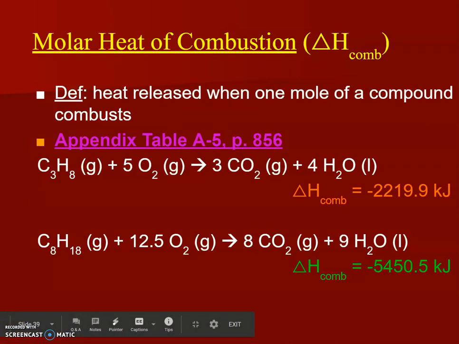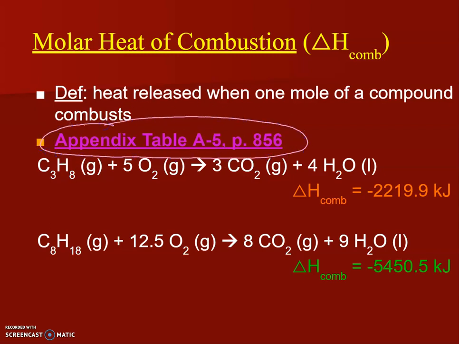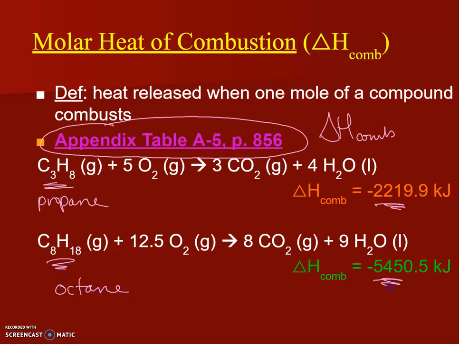You can also use these types of equations to figure out how much energy is released through the combustion process. There's also an appendix in your book for the heats of combustion, delta H comb. You'll see here for propane, the delta H is negative 2,219 kilojoules, and for octane, it's negative 5,450.